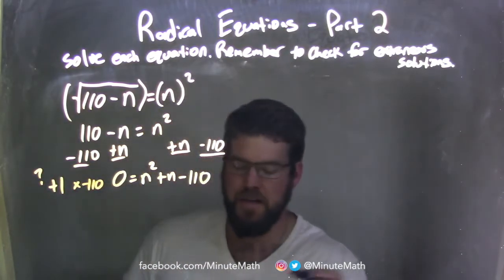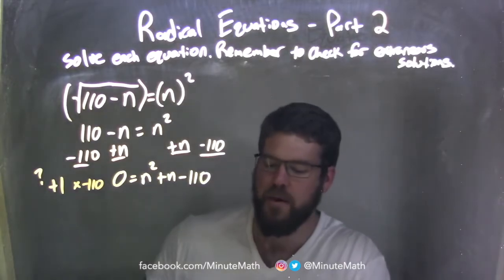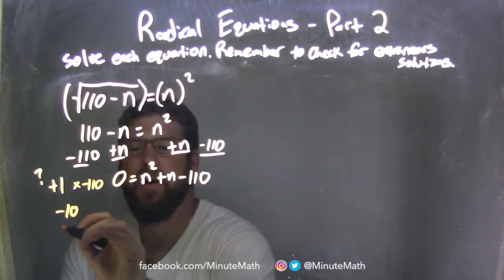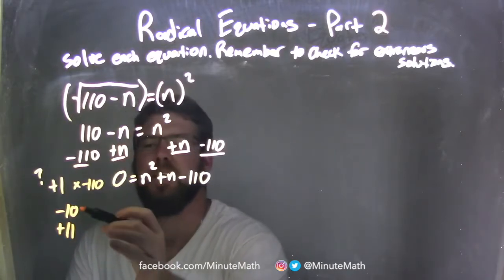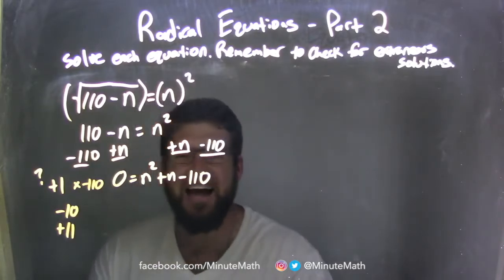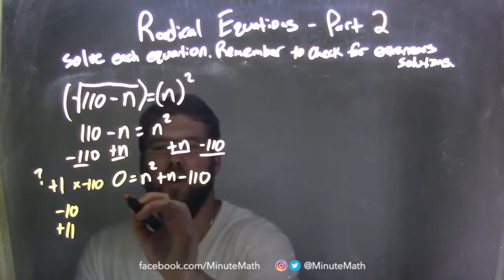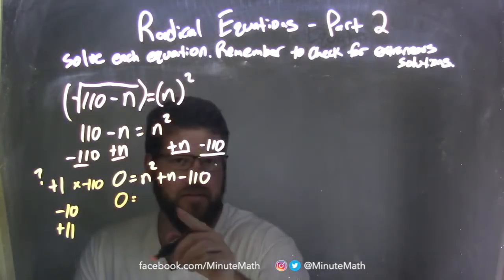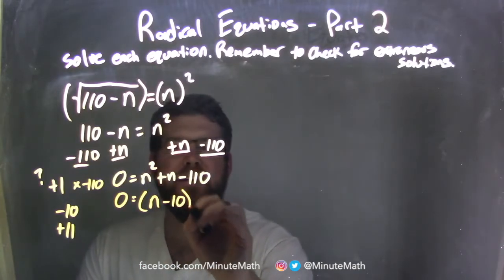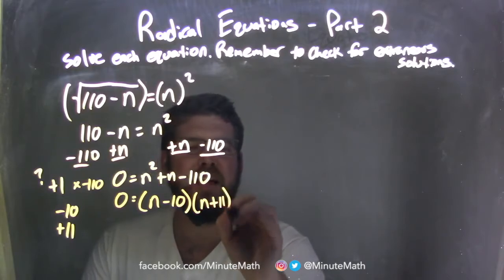So what two numbers add to be 1 and multiply to be negative 110? Well, that's going to be negative 10 and positive 11. Negative 10 times positive 11 is negative 110, and they add together to be positive 1. So I can factor this to be n minus 10 and n plus 11.